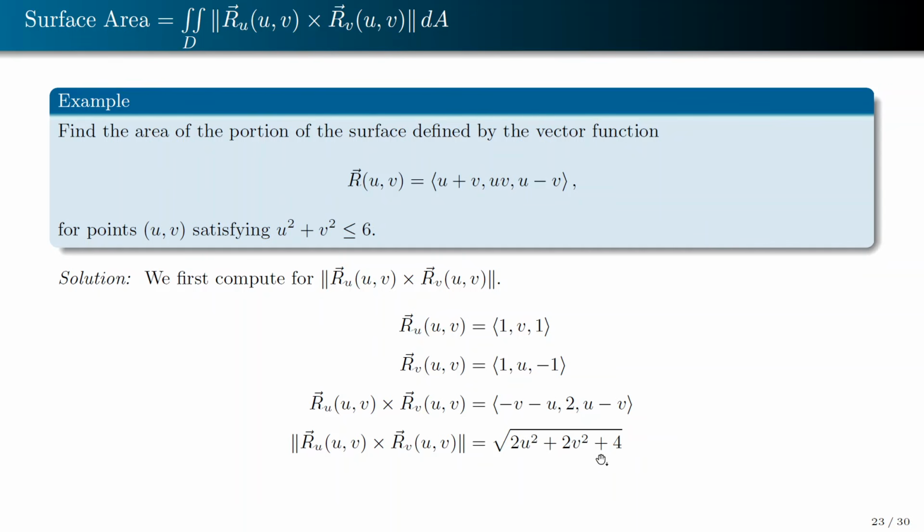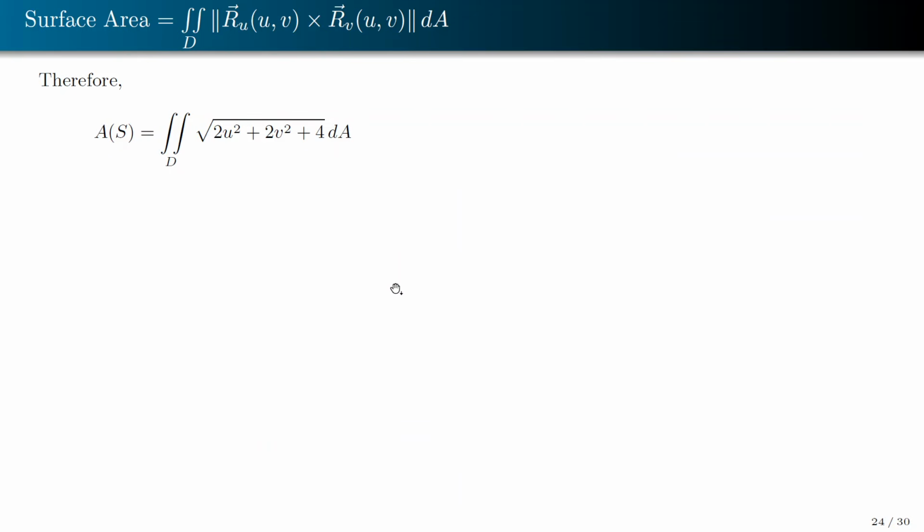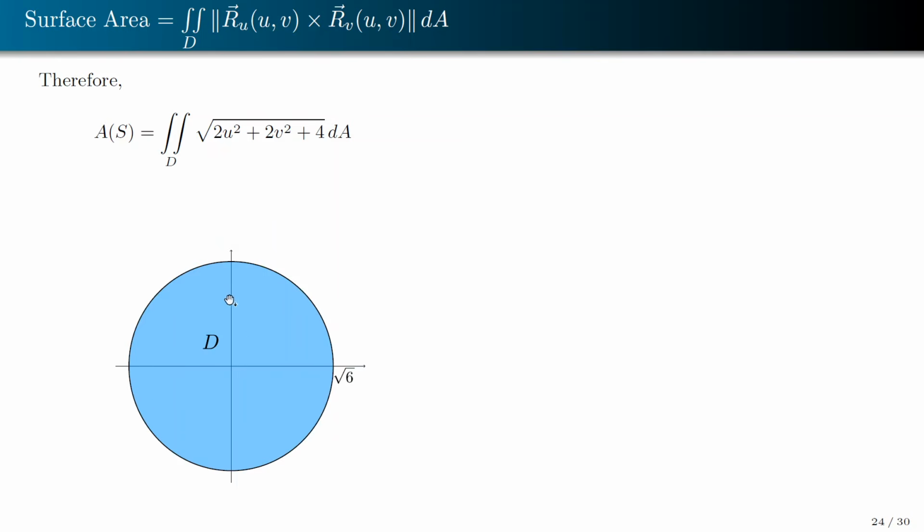We will integrate this over the region D, where kung saan defined yung r of uv. Again, yung D dito, yung region na dinidescribe nitong inequality na to. Pero looking at this inequality, this describes a circular region sa UV plane. So, yung area of S, or parametric surface, is the double integral of this r sub u cross r sub v over this region D. Again, sa UV plane ta.